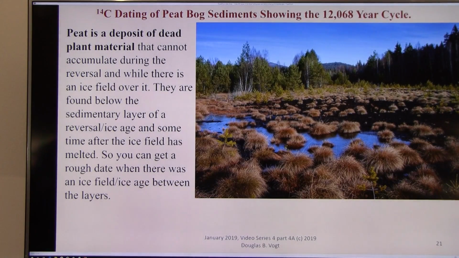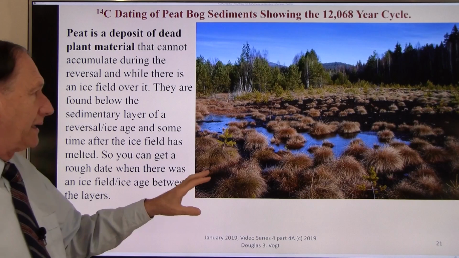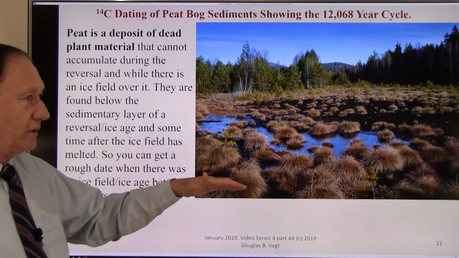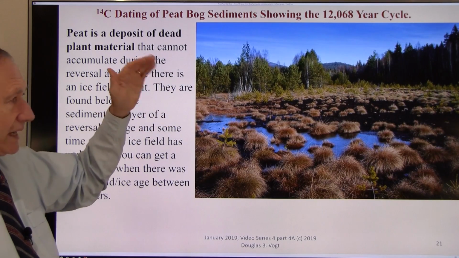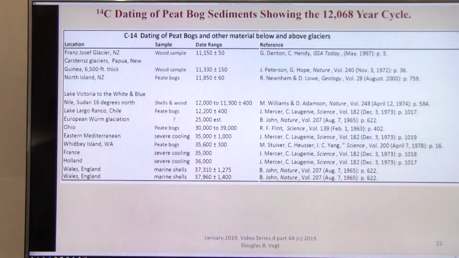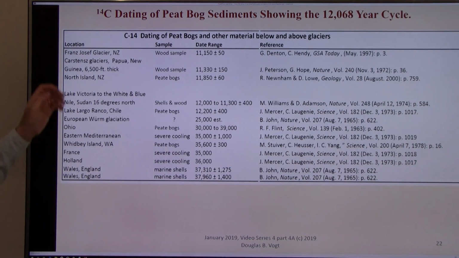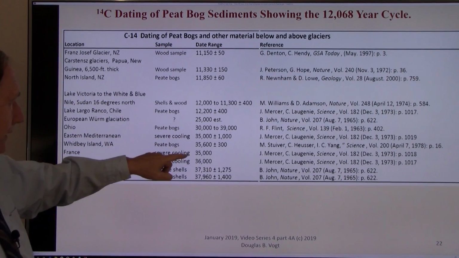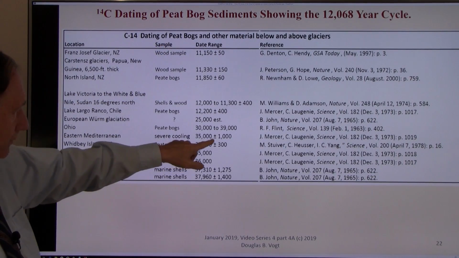Anyway, peat bogs, dead plant material. It can only accumulate when you've got a normal situation. So you can have it before the reversal and 500 to 1,000 years after, the peat bogs will start developing again. Here's dating says peat bogs. And what it does tell you in some places where there was severe cooling, that would be Ice Age stuff.